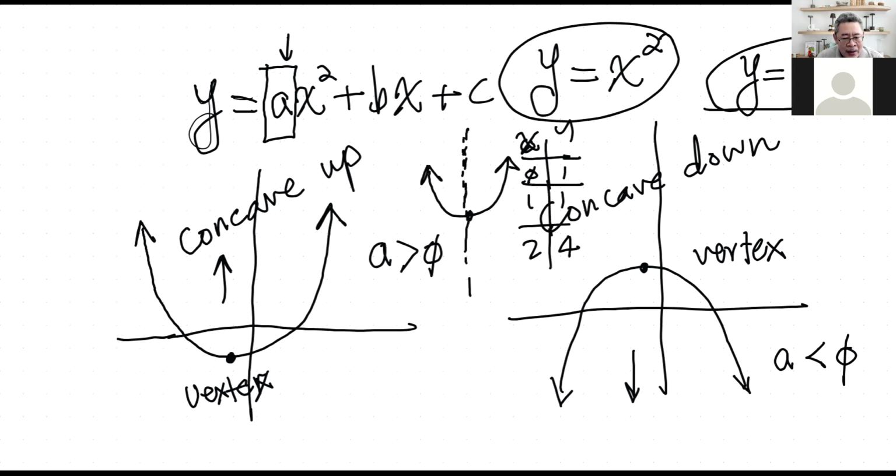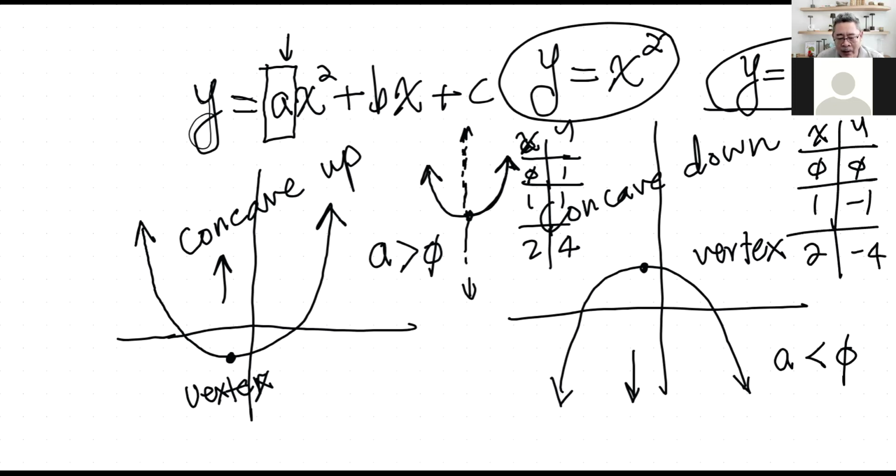So you can see that it's moving up. On this one, for x equals 0 you get 0, 1 gives -1, and 2 gives -4. So if you graph it, you get something going down like this.